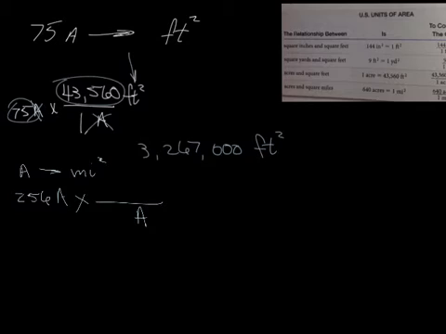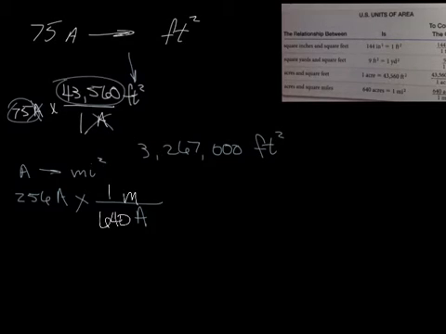Oops. And again, I'm going to go back up to my table and see if there's any comparison or relationship between acres and square miles. And there is: 640 acres to 1 square mile. So I'm going to put the 640 number down here because that's where my acre is.